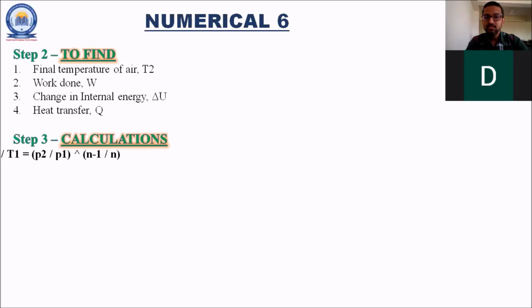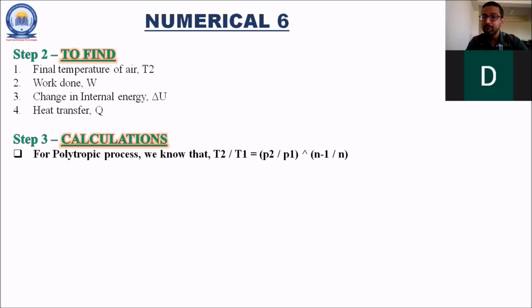Starting with the calculations, for a polytropic process, we know the relationship between the temperature and pressure. So T2 by T1 is equal to P2 by P1 raised to (n minus 1) divided by n. Remember friends, we are using the polytropic process, so we have to use the polytropic index, that is small n.